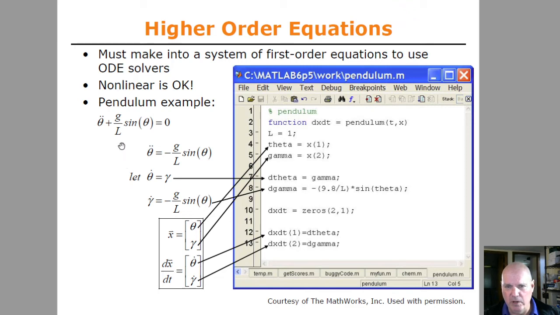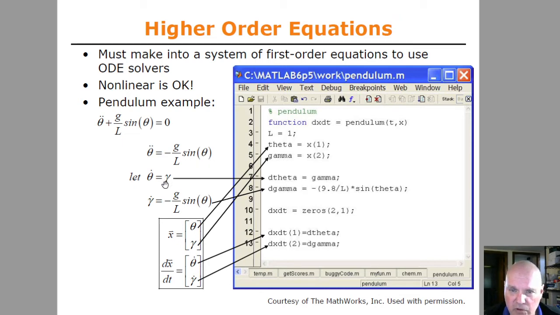I'll describe it briefly. Here's a second order differential equation describing the angle of a pendulum and how its angular acceleration depends on the current sine of the angle, the gravitational constant, and the pendulum length. We can solve this for a second derivative, but again, our ODE solvers only work with first derivatives.